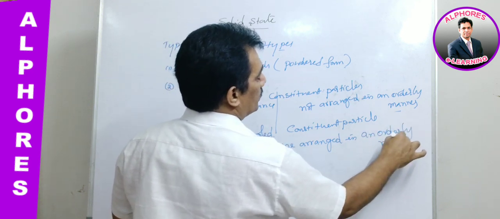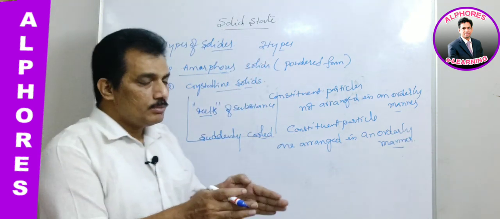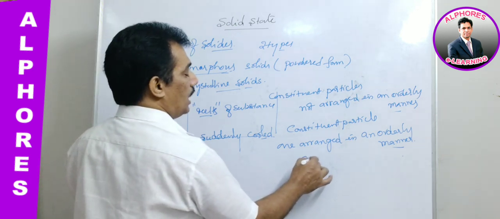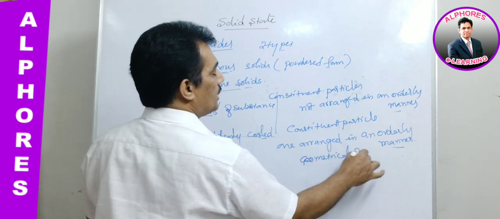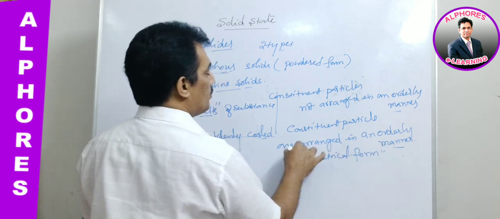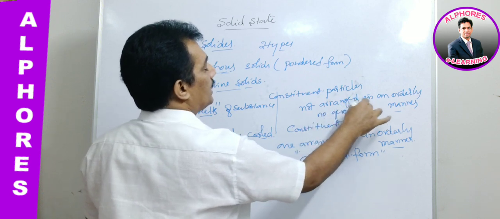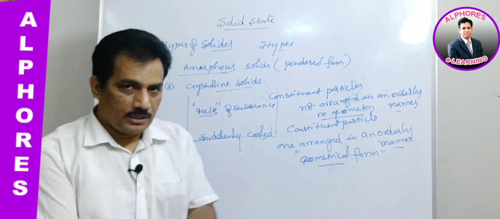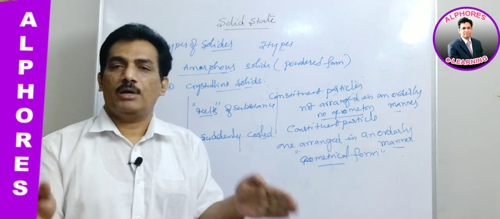That means here they are arranged in a systematic manner, and because of that systematic orientation, they are creating some sort of geometrical forms. They are having geometrical form. In case of amorphous, no geometry, but in case of crystalline, they are having certain geometry because the constituent particles are arranged in a systematic manner.